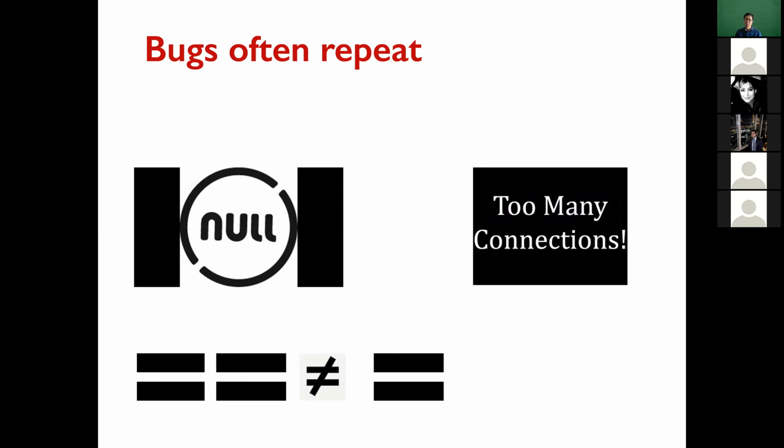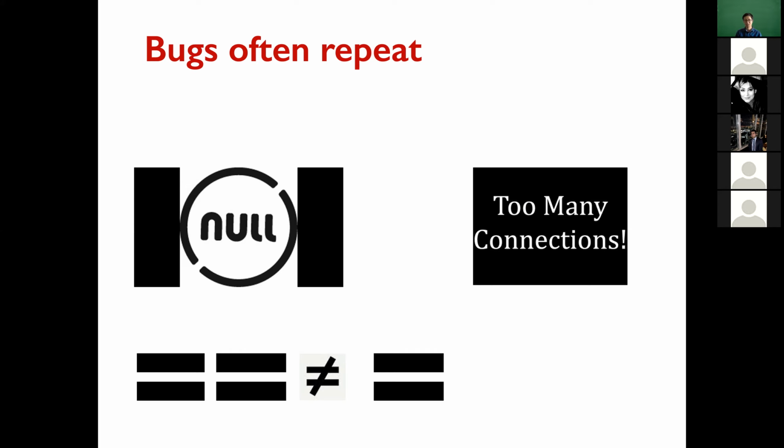This is because bugs often repeat. There are some patterns, for example, a developer may forget to check the null value of a function return. This is one pattern, right? Also, sometimes people may use a single equal sign in place of double equals.